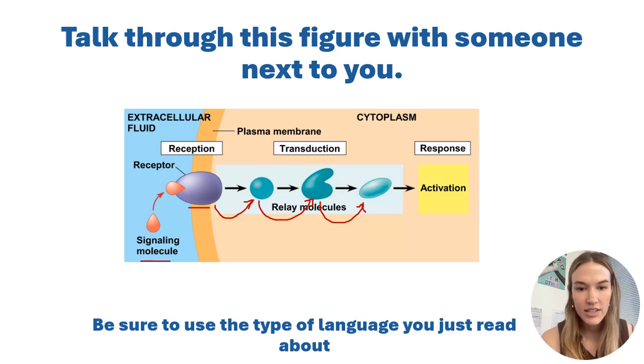The key part here is that the receptor is not likely acting on this molecule or this molecule. It's really acting on the first molecule, and then we have this stepwise fashion to get to the end, which would be some sort of cellular response. In this case, it's activation. It doesn't have to be. It typically is, but it does not have to be activation. So this is how we would generally think of a signaling pathway.